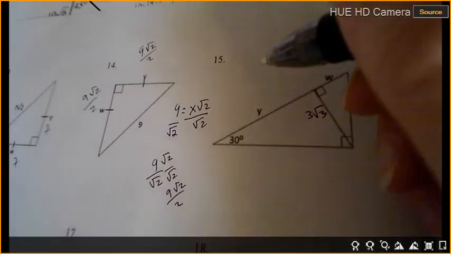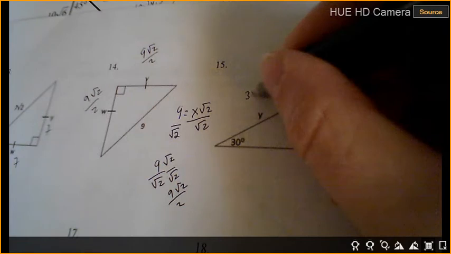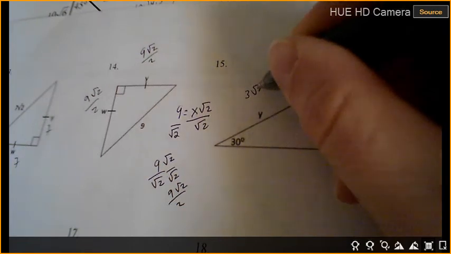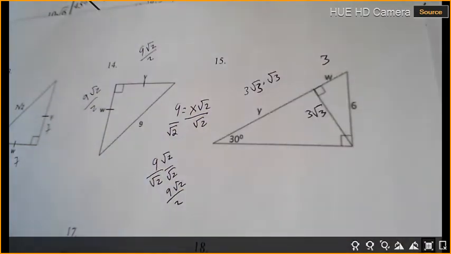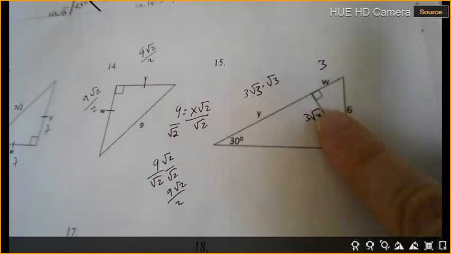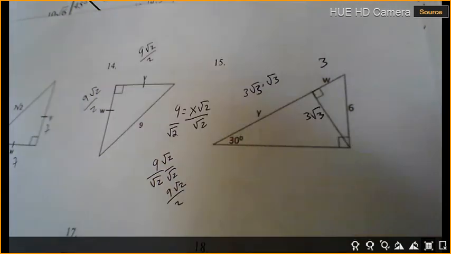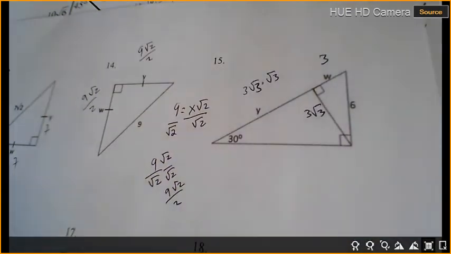So y would be 3 square root 3 times the square root of 3. Because this is the smallest side, this is the middle side, its square root 3 is big. So what's 3 times 3? 9. What's the square root of 9?